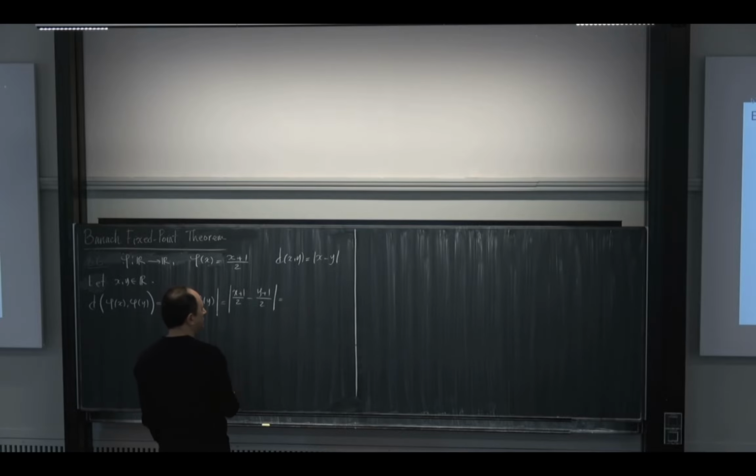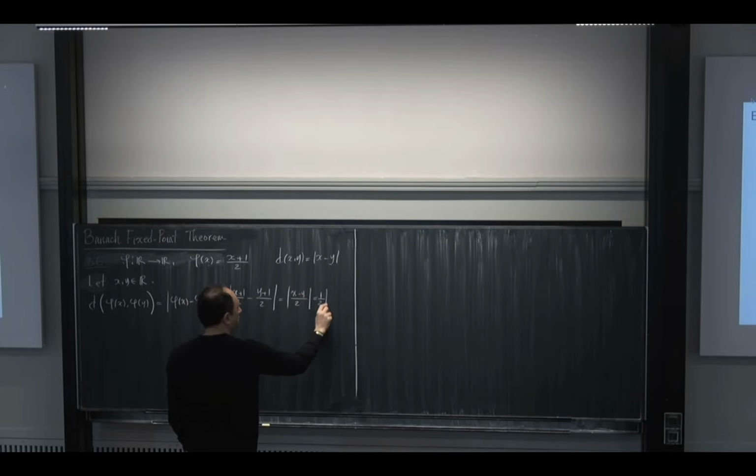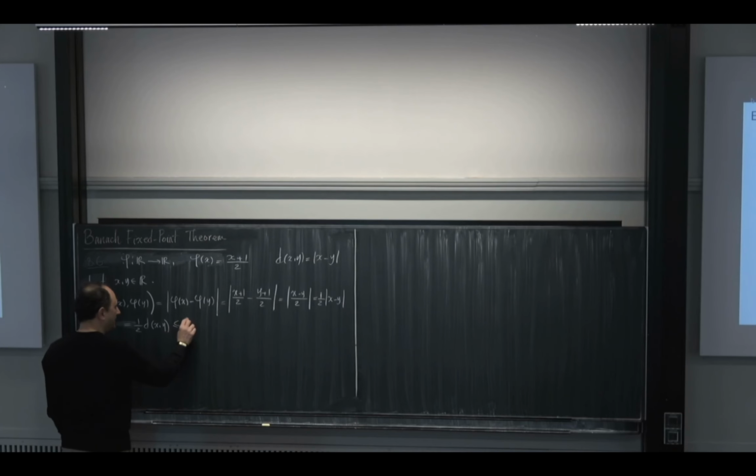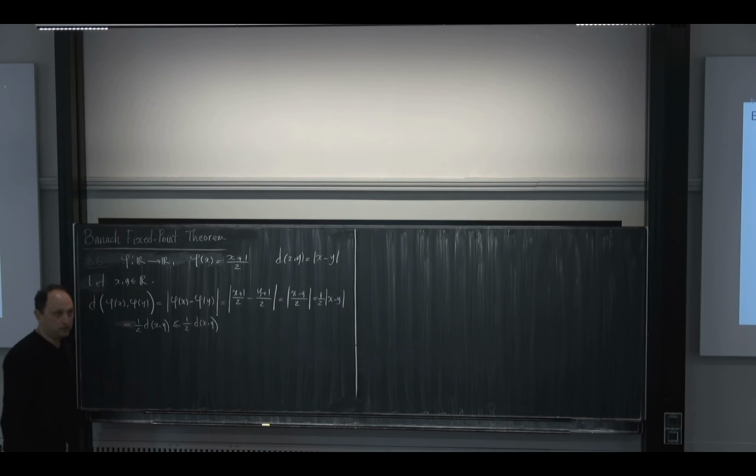The 1/2 and 1/2 are gone, so this becomes (x minus y) divided by 2, which I can write as this one. Do you agree that this is equal to 1/2 times the distance between x and y? And of course, I can write it as less than or equal to this one. It doesn't hurt, because that is not false. This one is less than or equal to itself.